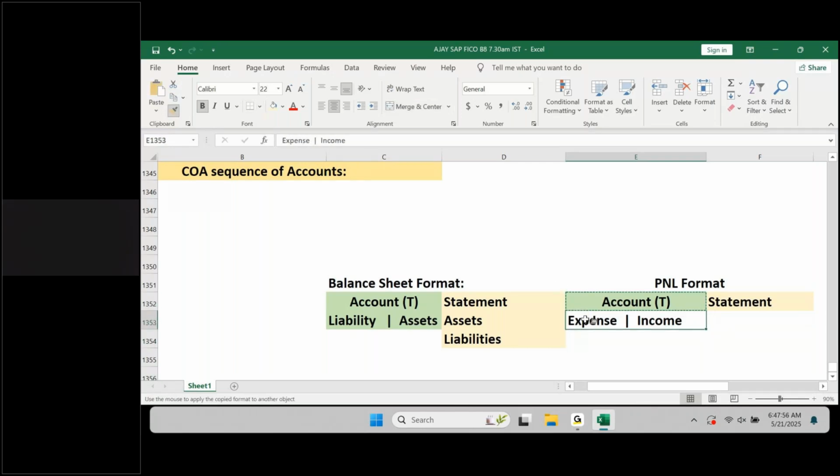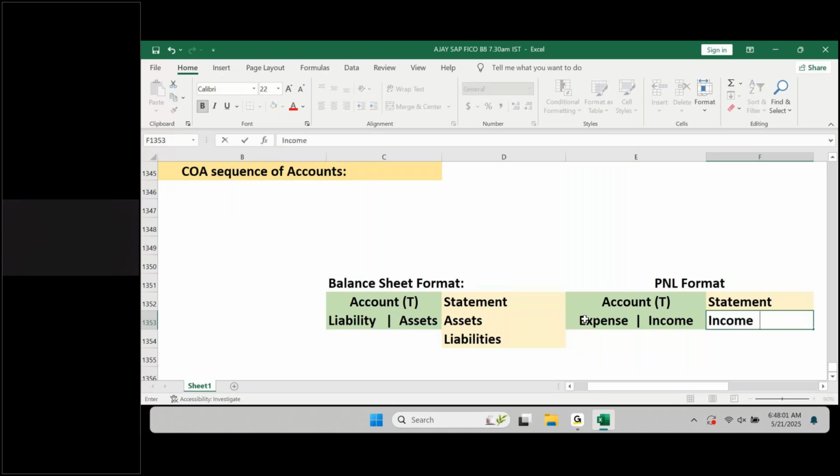On the other side, when you talk about the statement, you put income first and then expense next. This is also correct. You start from your sales, or you start from expenses.